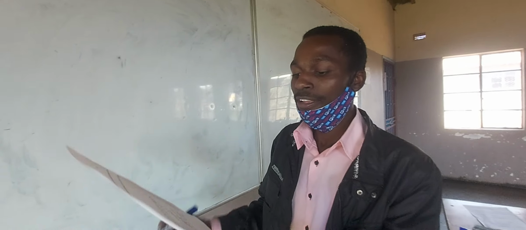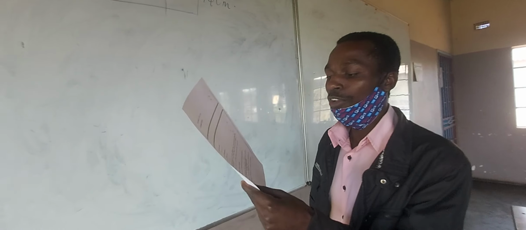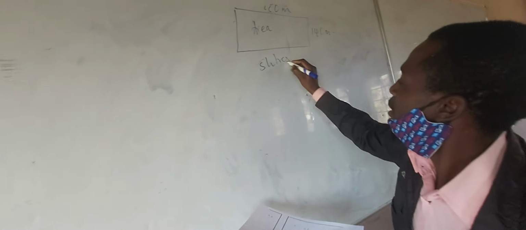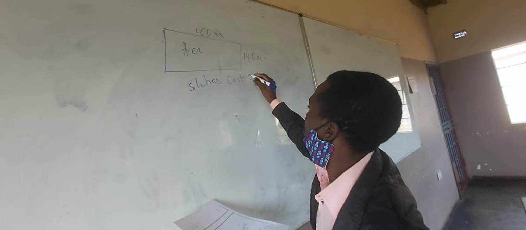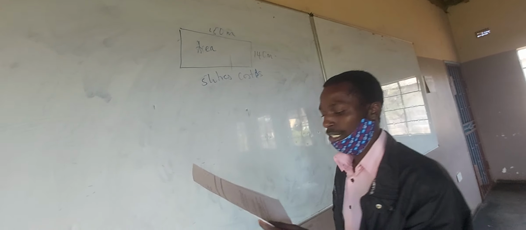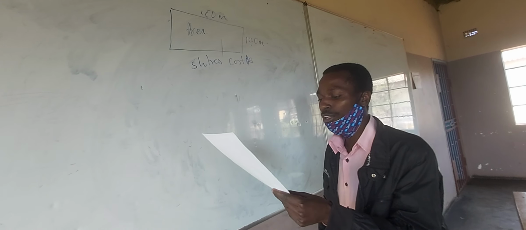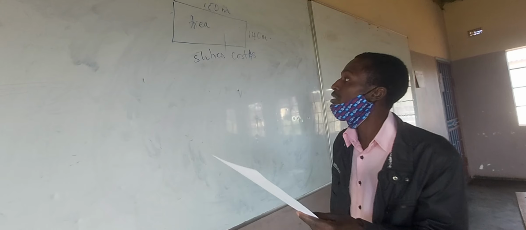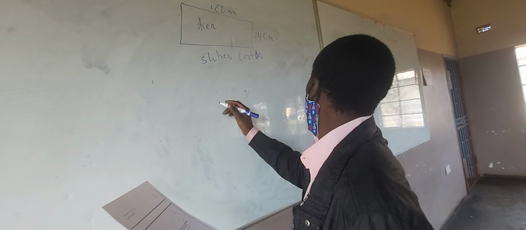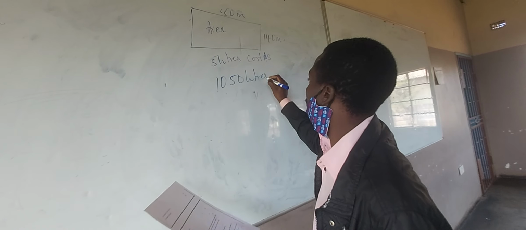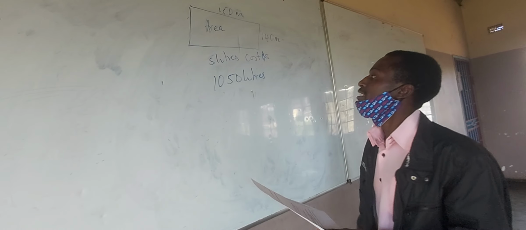Right, on part B, 5 liters of chemicals cost $8. So now we are asked to find the cost of the chemicals needed to destroy the weeds in the whole plot, right? So we have found 1,050 liters.